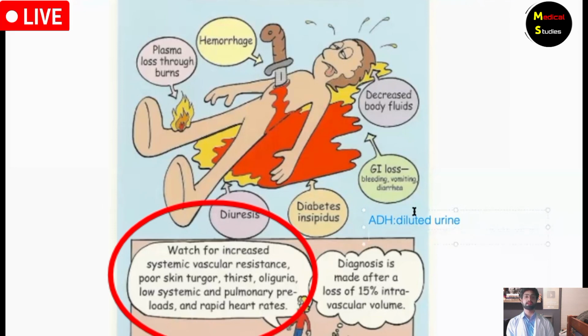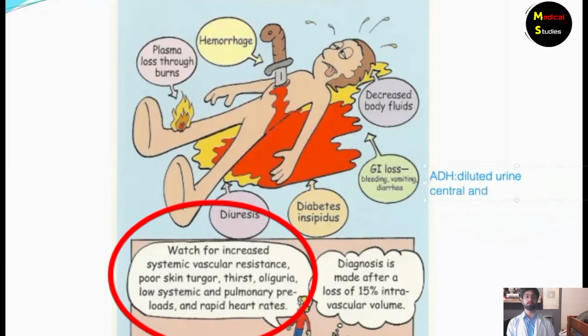Watch for increased systemic vascular resistance, poor skin turgor, thirst, oliguria, low systemic and pulmonary preloads, and rapid heart rate. And this is a result of increased vasoconstriction, which is very common in hypovolemia.